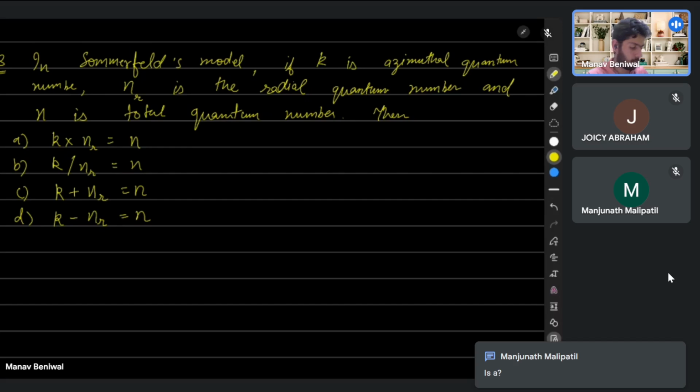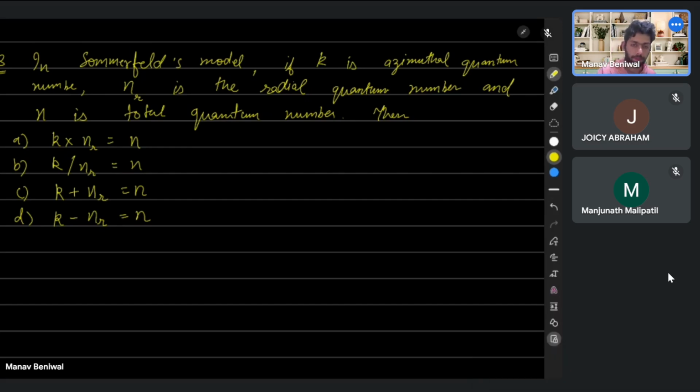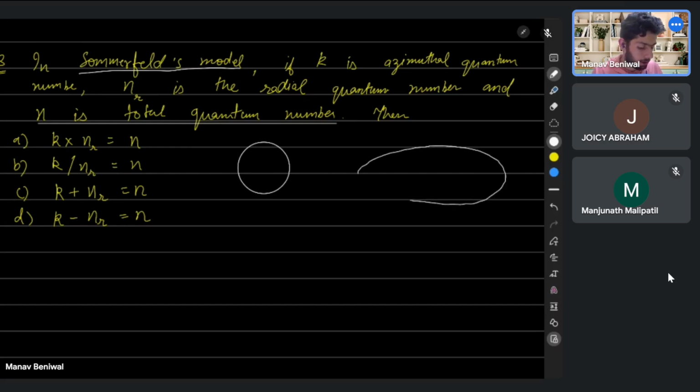A. No, it's not A. Okay. So n is your total quantum number, right? So what is there in Sommerfeld's model? We know that Bohr considered a circular orbit, right? But Sommerfeld considered an elliptical orbit, and he said the atom is at one of the foci of the ellipse, right?